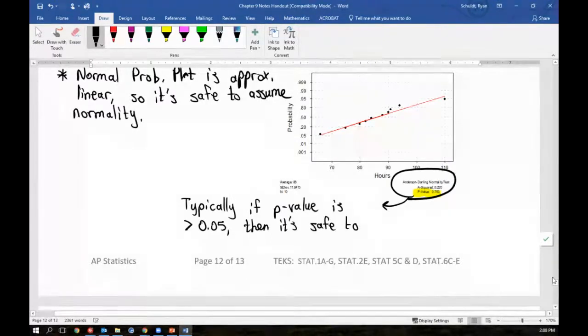What's our p-value in this one? 0.7. Is that bigger than 0.05? Yeah. So we can assume normality. Okay.